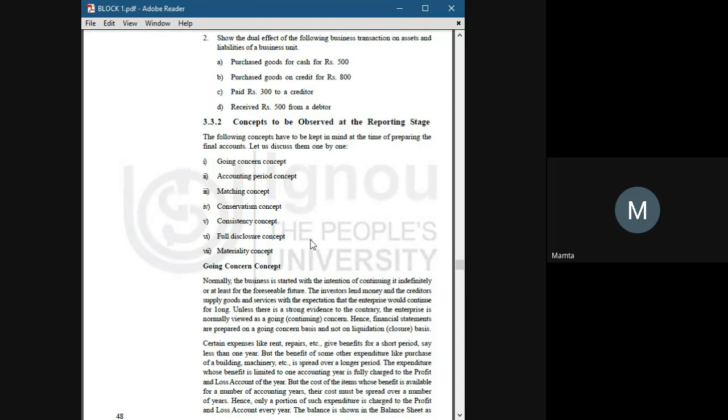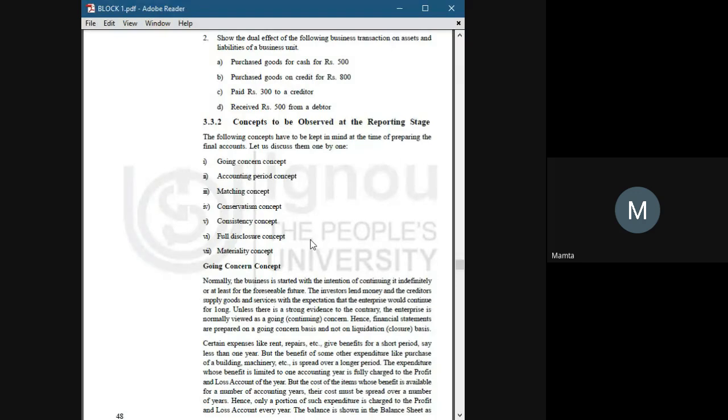Going concern concept: it is assumed that the business shall continue for an indefinite period. We start a business so that it can run for years. No one starts a business thinking that they will shut it in the next year or in the next 6 months.